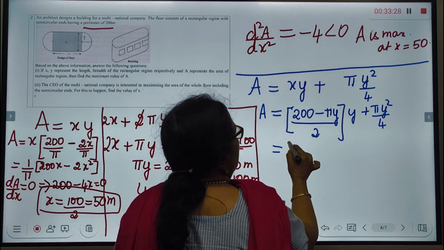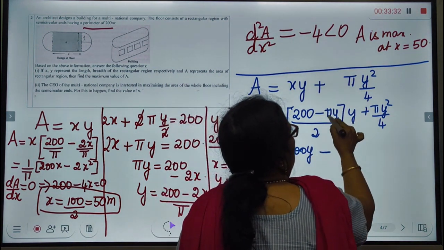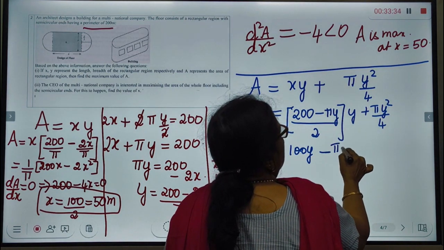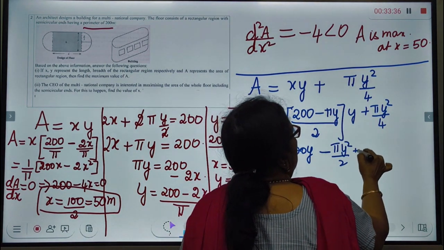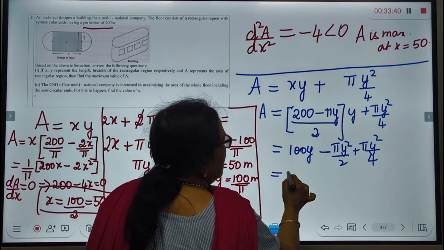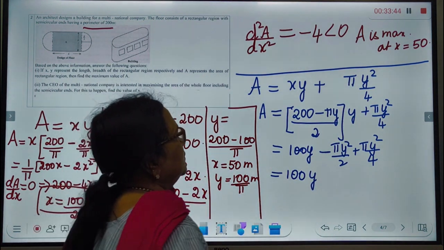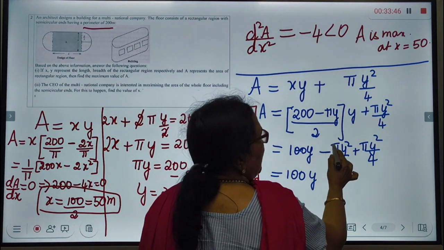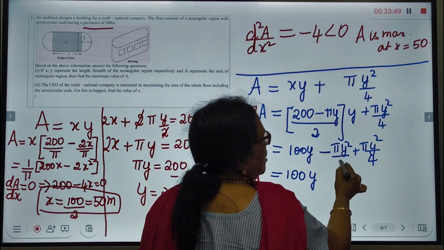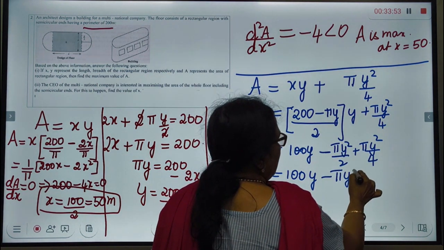This will be 100y minus pi y square by 2 plus pi y square by 4. This is 100y. I can write this as minus 2 pi y square by 4. So, minus 2 pi y square plus pi y square will be minus pi y square by 4.